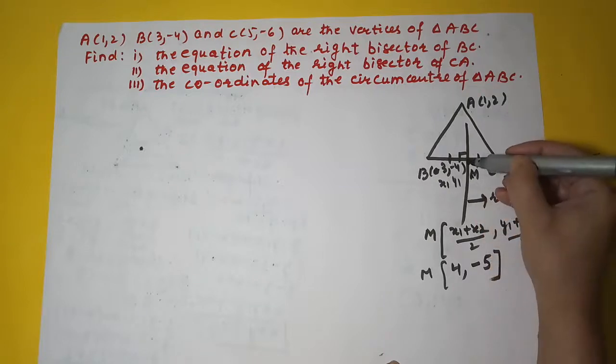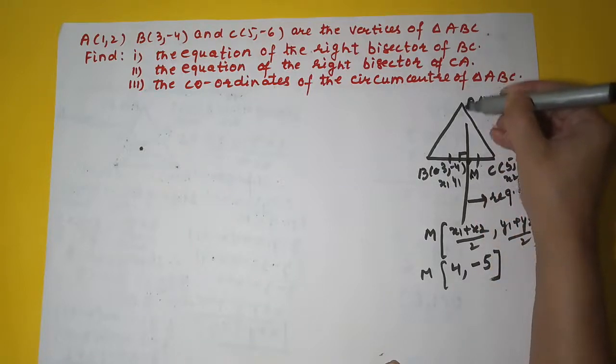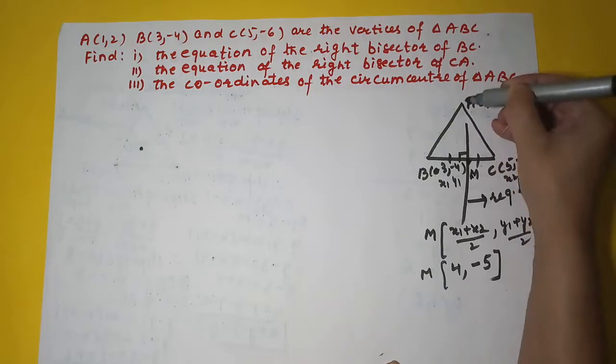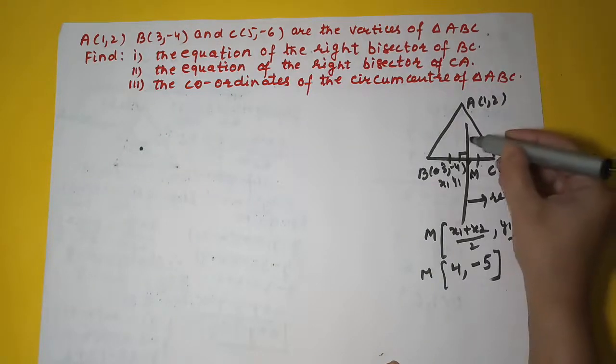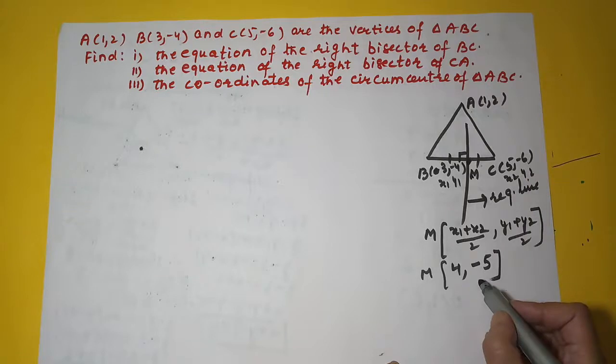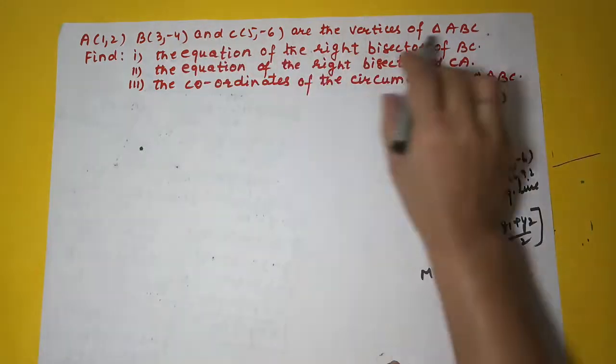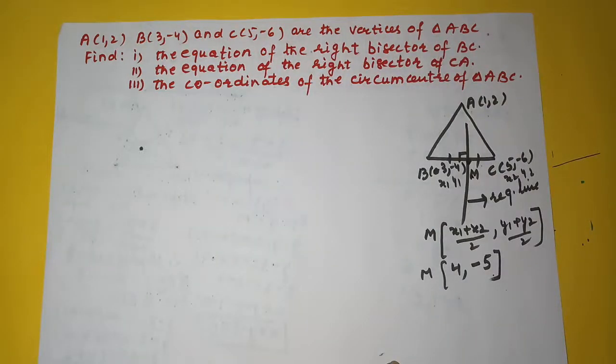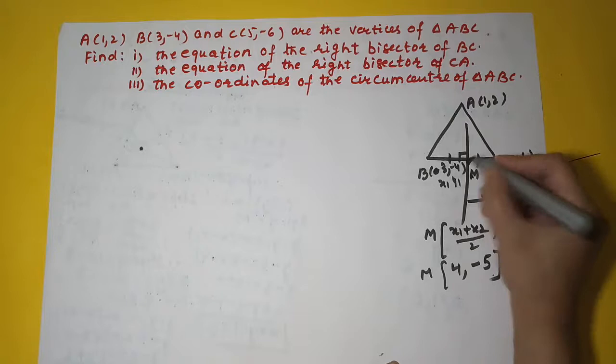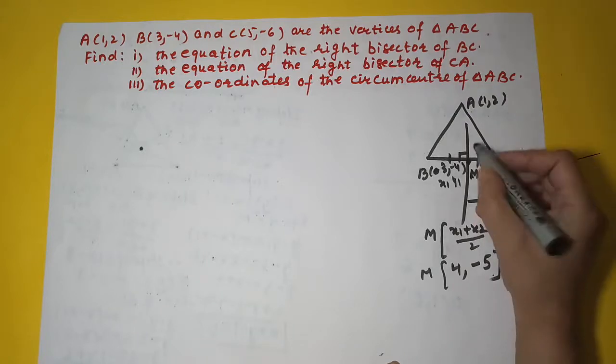If it had been passing through A, it would have been very simple to find the equation of this line. We could have used the two-point form, with one point here and another A. But it is not, because it's not given that the triangle is equilateral. So now we have the point. What do we require? We require the slope.